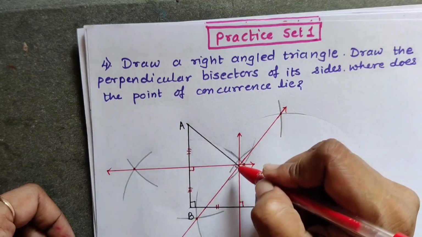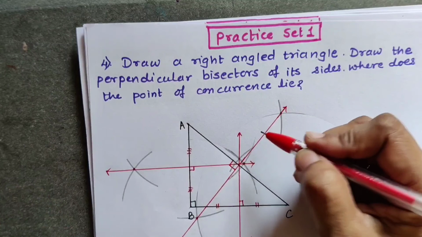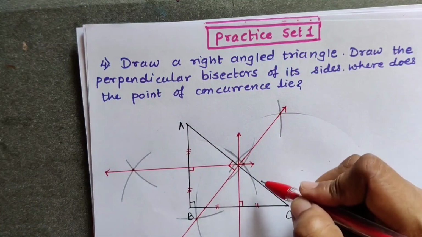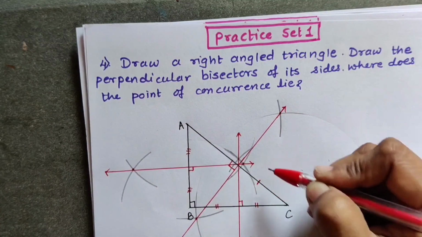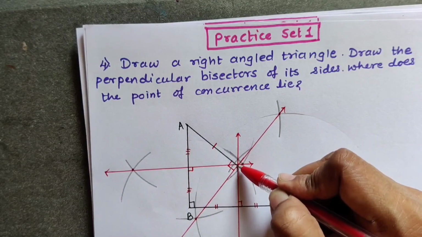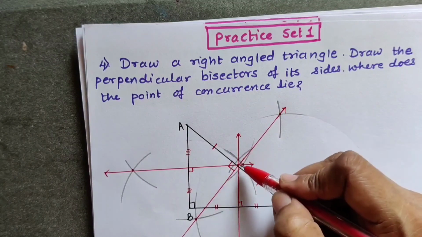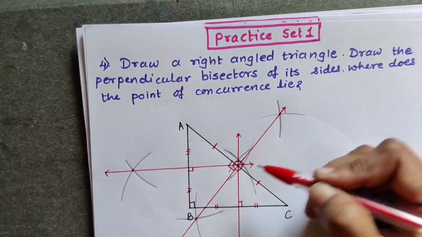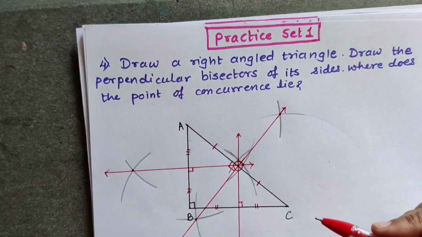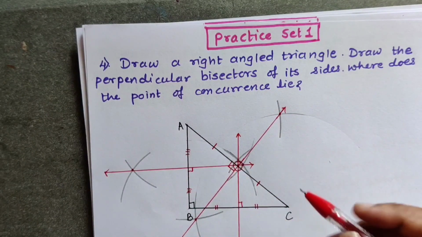In this way, here on AC we have got 90-degree angle because it is perpendicular bisector and AC is divided into 2 equal parts. As you all can see, where this point of intersection of these perpendicular bisectors lie, it is on the side AC, and side AC is nothing but the hypotenuse of right angle triangle ABC.